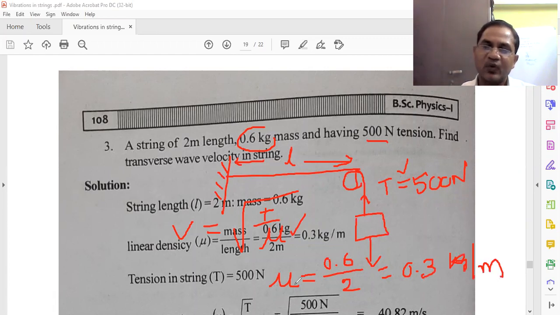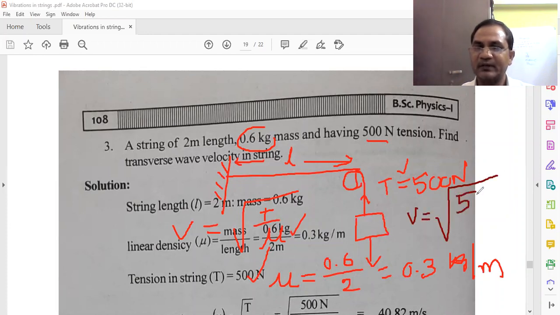Now we know mu value and tension value. Simply now you substitute. v is equal to square root of tension 500 by linear density 0.3. By eliminating the point, you can write 0 here. 5000 by 3.